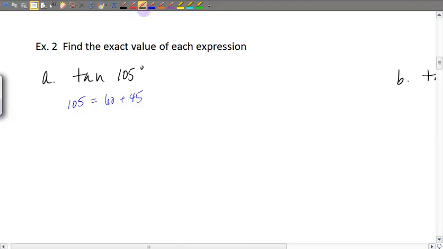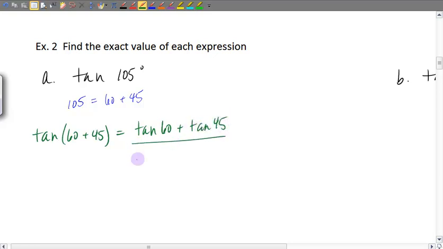So when I apply the sum identity for tangent, it breaks up into the tangent of the first plus the tangent of the second divided by 1 minus the tangent of the first times the tangent of the second. Okay, so that's how it's going to expand out.